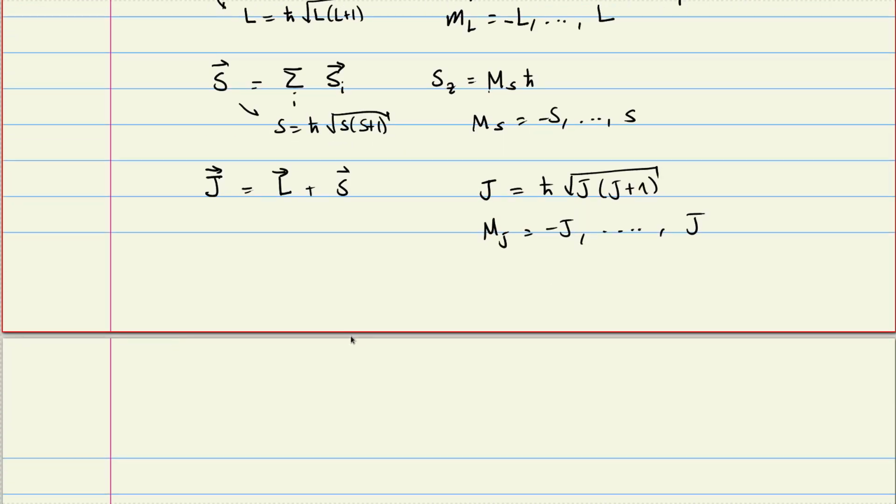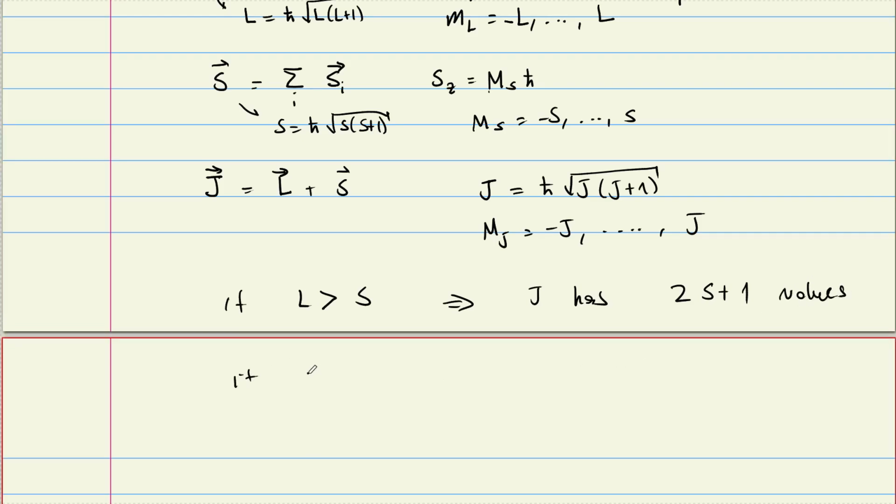And if L is bigger than S, J has 2S plus 1 values. And if S is bigger than L, then J has 2L plus 1 values. Okay?